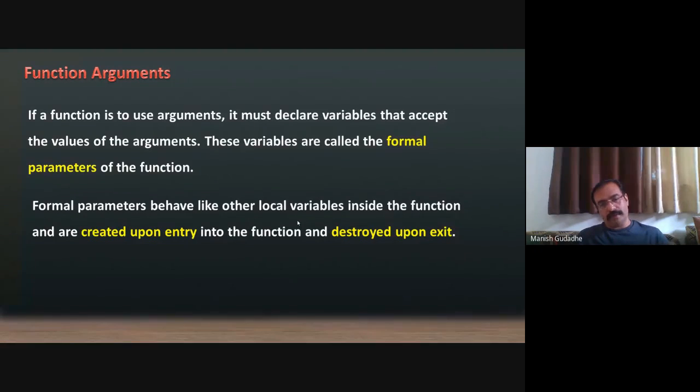If I'm giving something, we must have a container to collect it, and vice versa. If a function is returning something, we need a container to collect it at the calling function. So these variables are called the formal parameters of the function.